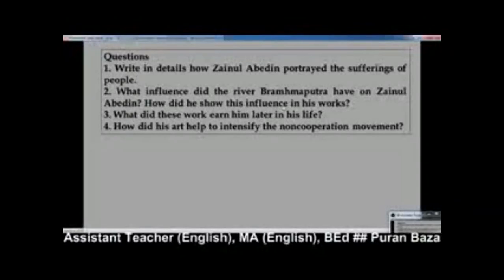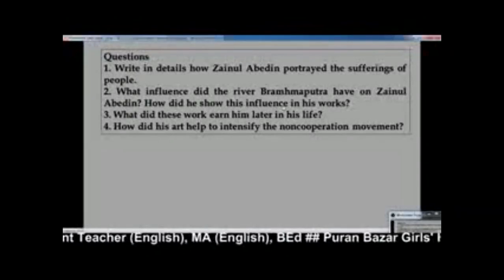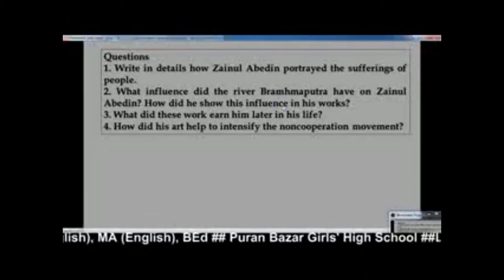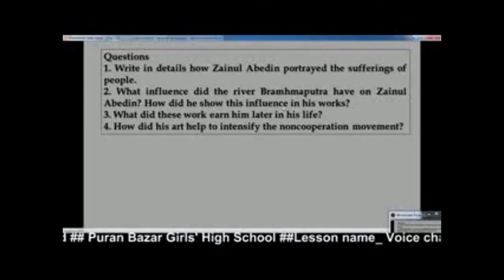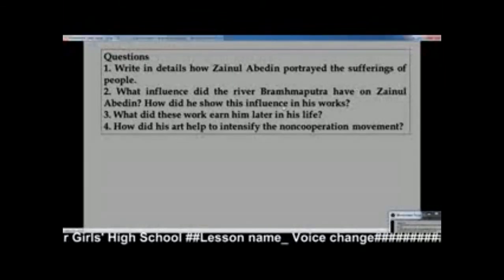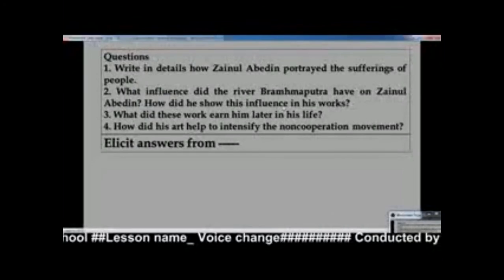How did he show this influence in his works? Number 3, what did this work earn him later in his life? Number 4, how did his art help to intensify the non-cooperation movement? Elicit answers from the students.